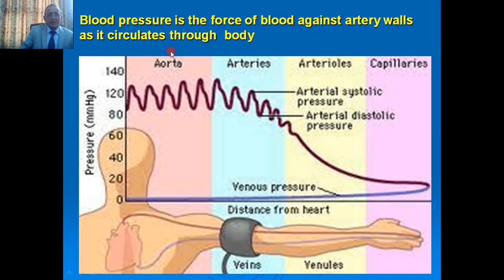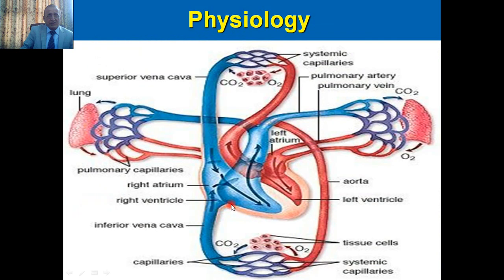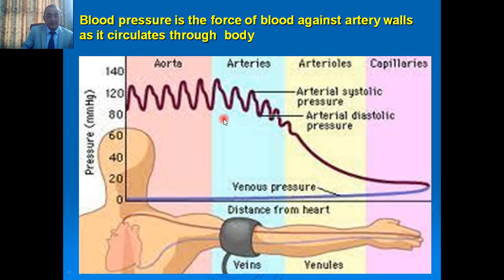So blood pressure is the force of blood against the artery wall as it circulates through the vessels. The left ventricle generates a pressure. This pressure against the wall is the arterial pressure. The pressure in the aorta will be high, something around 120 systolic over 80 diastolic.